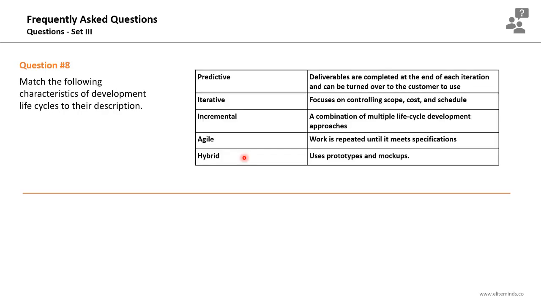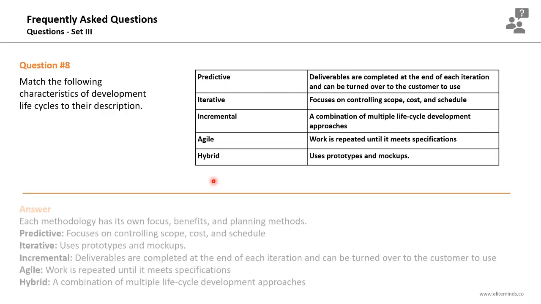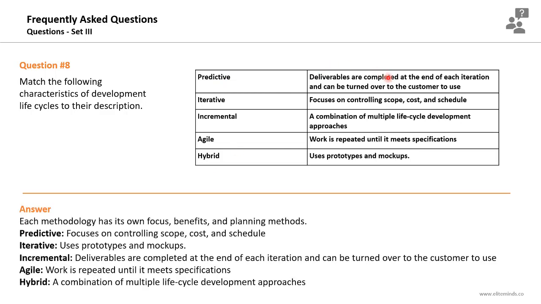Question number 8. Match the following characteristics of the development life cycles to their description. So we have 5 descriptions here with 5 development life cycles. Deliverables are completed at the end of each iteration and can be turned over to the customers in order to be used. This is the incremental delivery, the incremental development approach. Focuses on controlling scope, cost, and schedule.